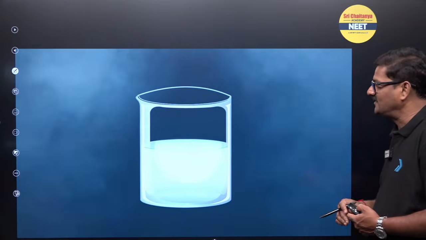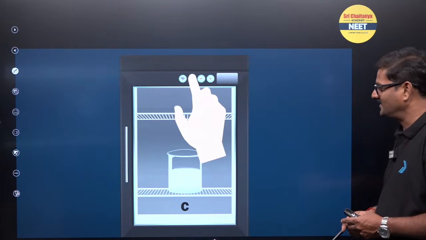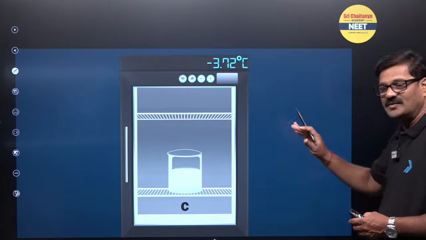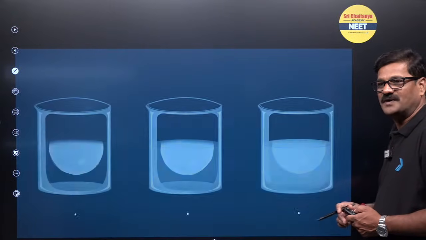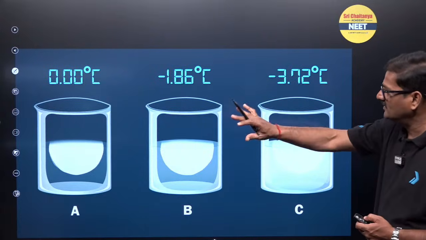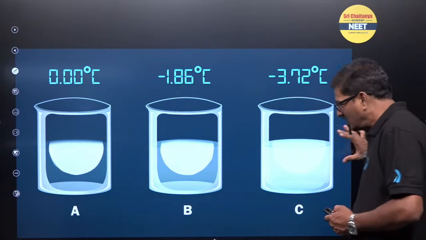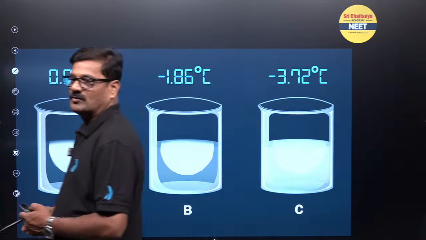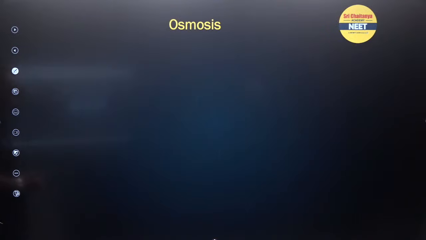And solution C freezes at minus 3.72. So different solutions are shown here: A, B, C at 0 degree centigrade, minus 1.86, minus 3.72, if the solute has 1 molar concentration.